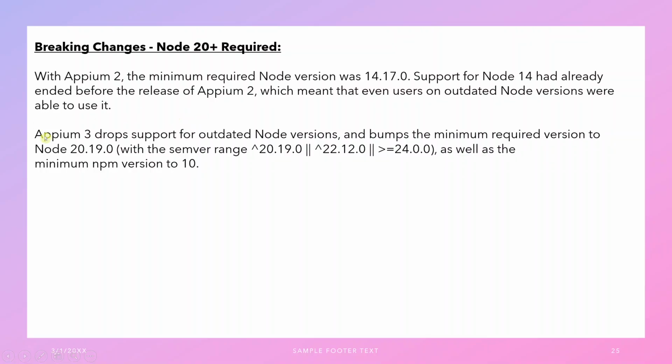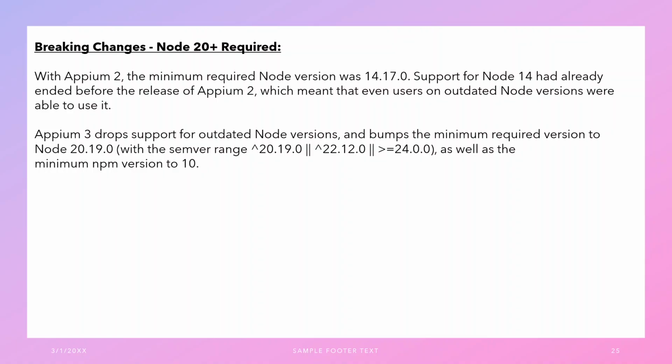But APM3 drops the support for outdated Node versions, and the minimum required version is Node 20 plus. So make sure that your Node is above version 20 when you are working with APM3. This is one of the major architecture changes and a breaking change also.